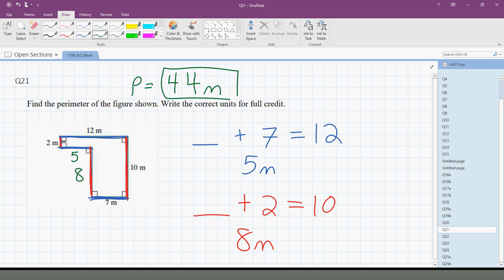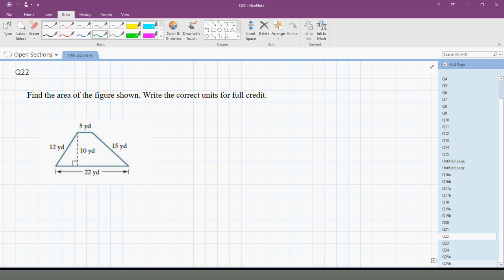Perfect. Okay. So here, the problem says, find the area.